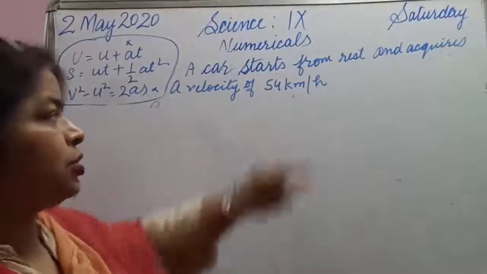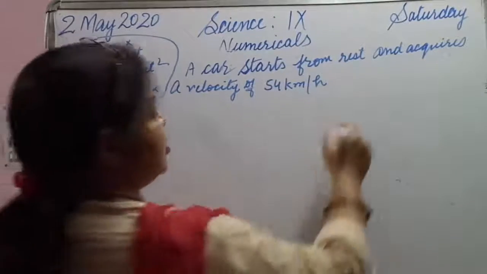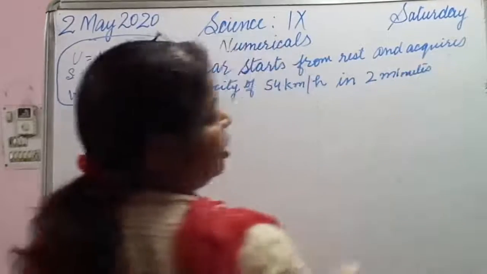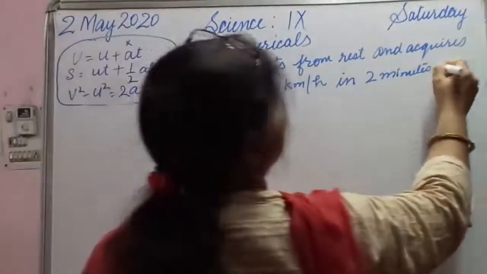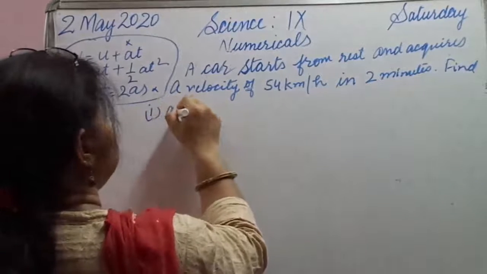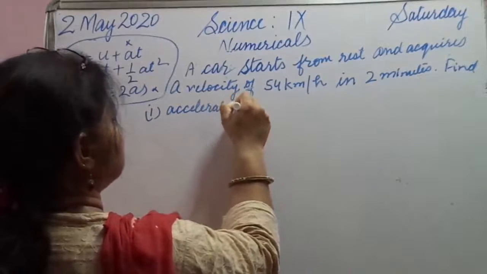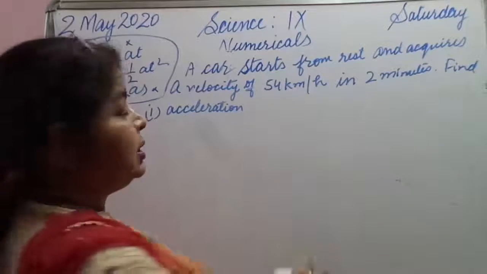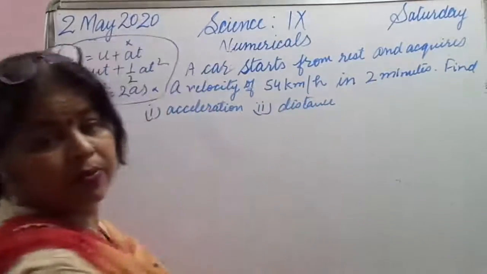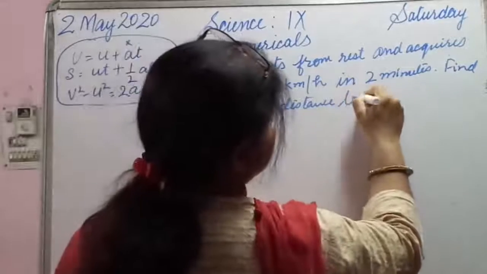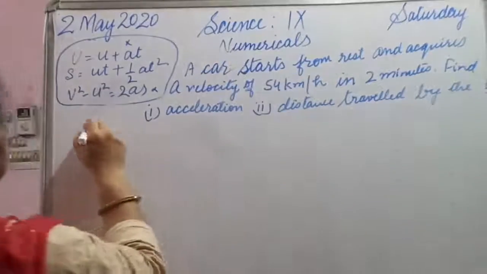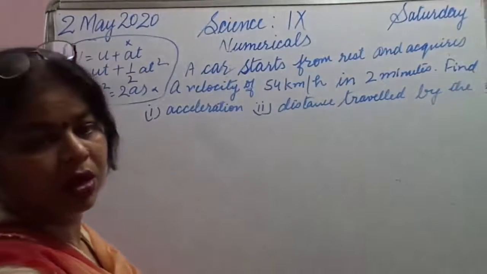Just focus on the unit. In 2 minutes. Now see the unit of time, minutes. Then find number 1, acceleration. Second, distance traveled by the car during this time.